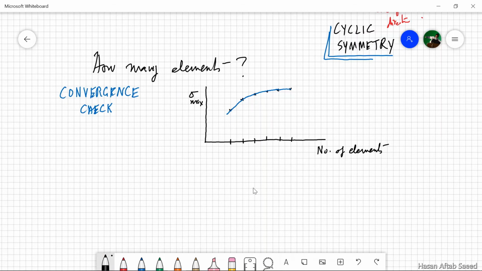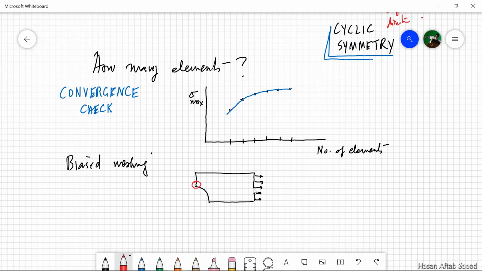That is, you must use something called biased meshing. And we discussed this in the introduction as well. By biased, I mean, let's take the problem of the flat plate subjected to loading. We just saw this problem. Now, we know that a lot of stress concentrations will be in this area.